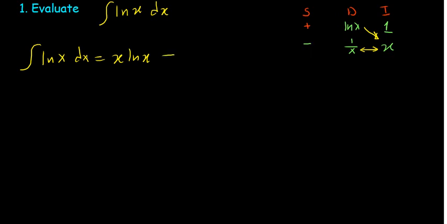Because I'm multiplying horizontally, I'll put an integral. If I multiply 1 over x by x, that will give me a 1. Because I'm integrating, I'll put dx with respect to x. So this will give us x natural log of x minus the integral of 1, which is simply x. Then just add the constant of integration, c, and that is the integral.